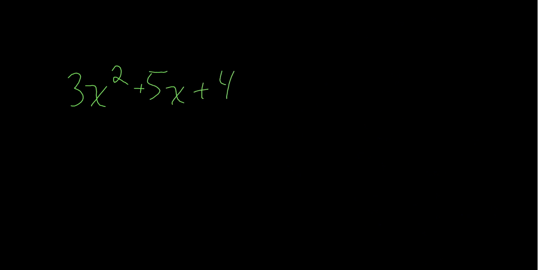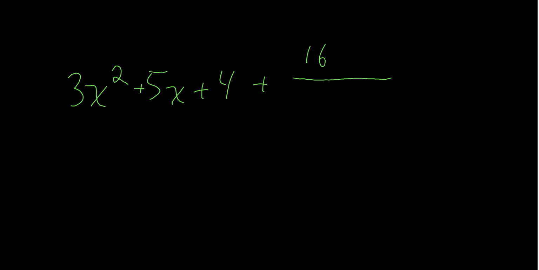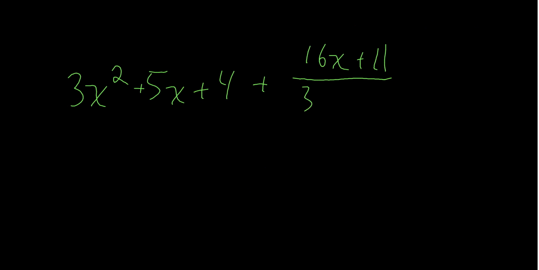Quotient plus the remainder, which was 16x plus 11, over my divisor, which is 3x squared minus 4. Okay, so that's my solution. Quotient plus remainder over divisor. And that was rough.